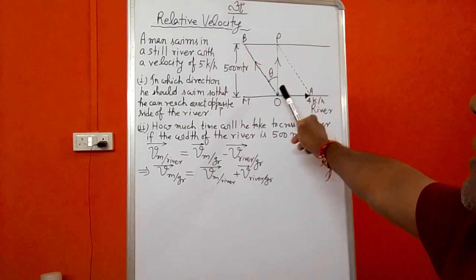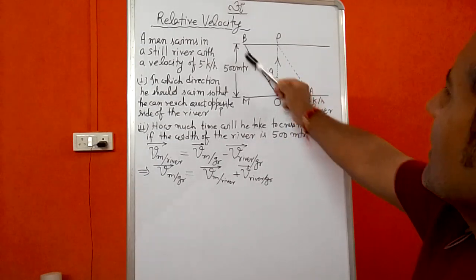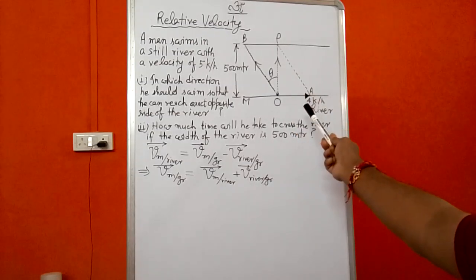Now, you see here that finally this must be the resultant of this vector and this vector.